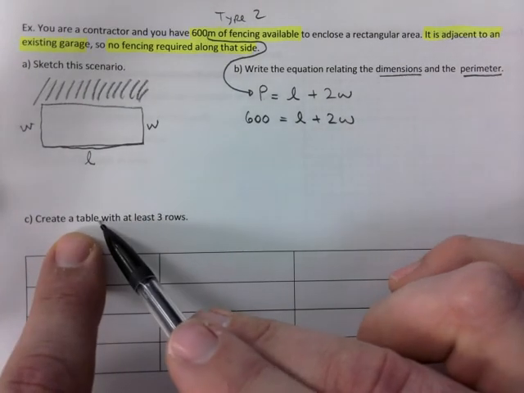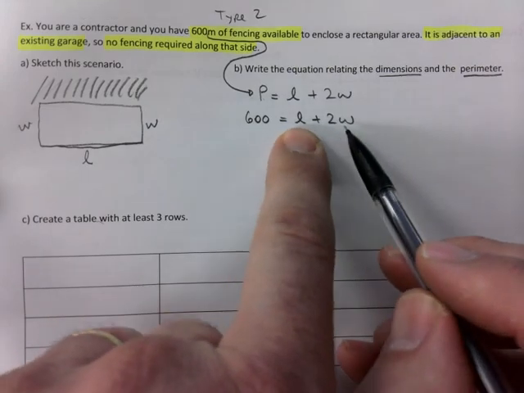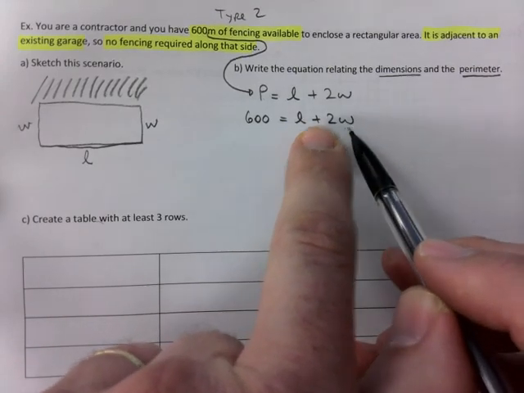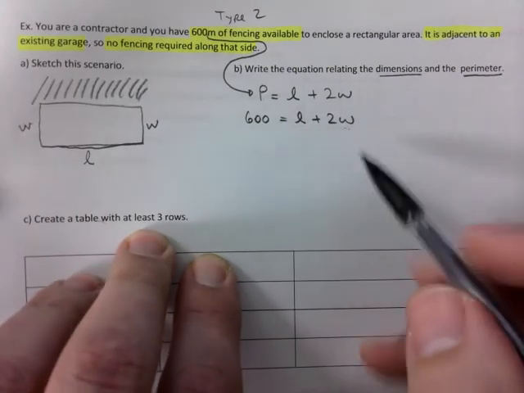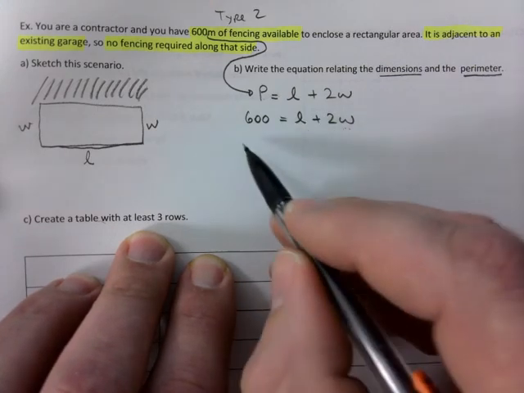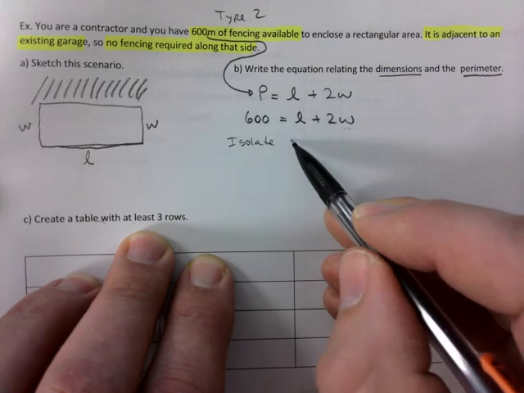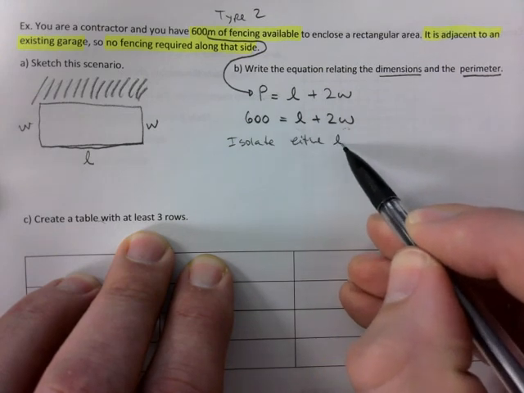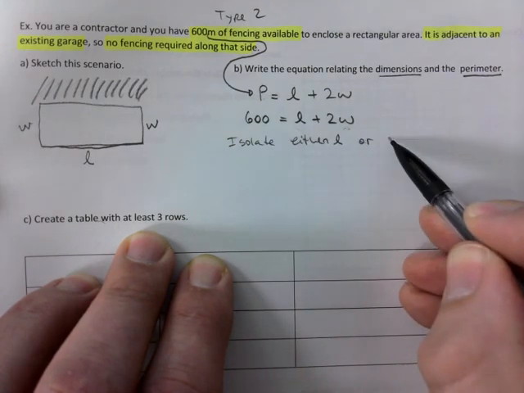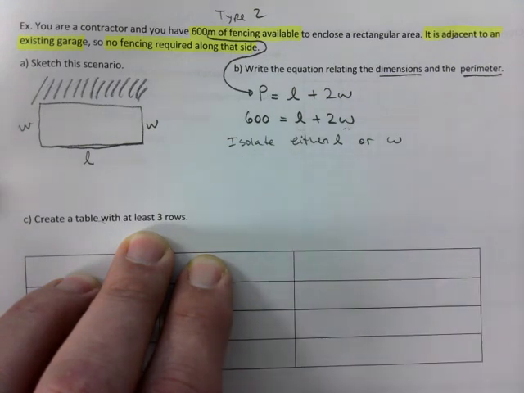Before you create the table, you need to isolate either length or width. I will isolate either L or W. Okay?